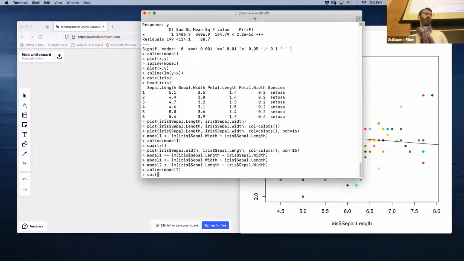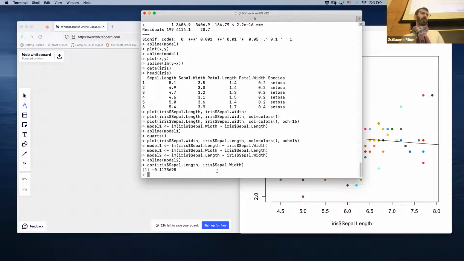The correlation is very much linked to the linear regression, but this is still another thing. It's not exactly the same idea. And tutorial 11 explains to you how to compute the correlation from the regression and vice versa. So if you have one, you have the other.